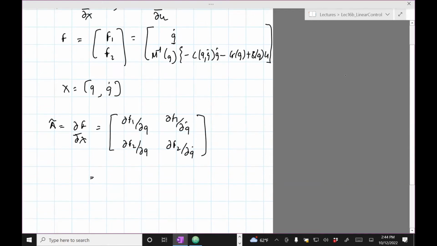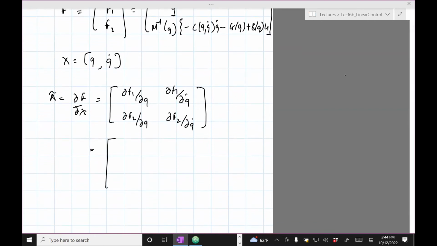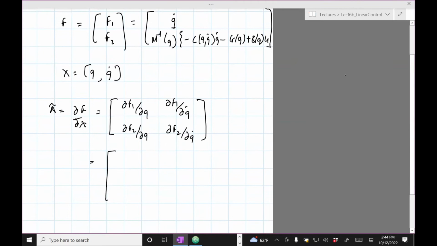F1 is q dot. Now q dot is not one value, but it is all the states. So if you have a 5-link pendulum, then it will be those 5 qs or 5 angles. So df1 dq, we take the derivative of q dot, which is in F1, with respect to q, you will get 0.